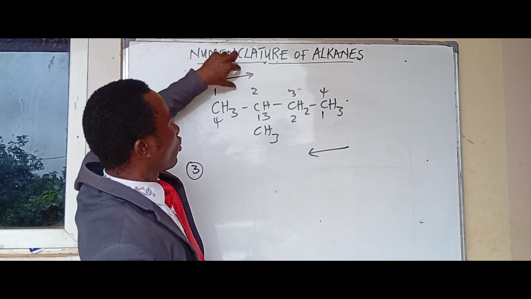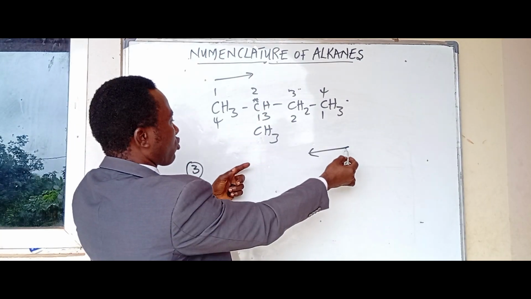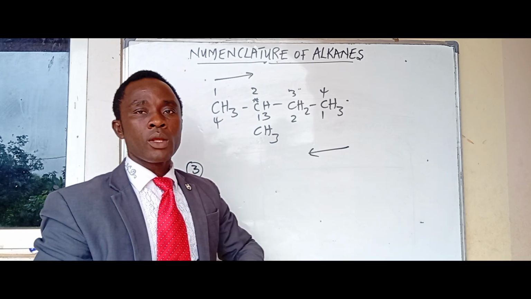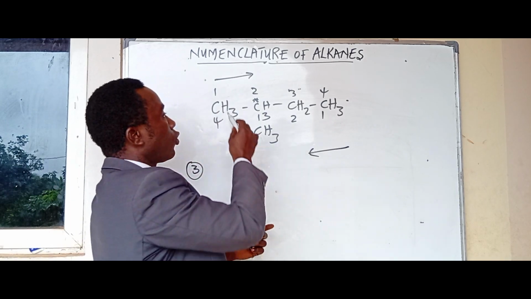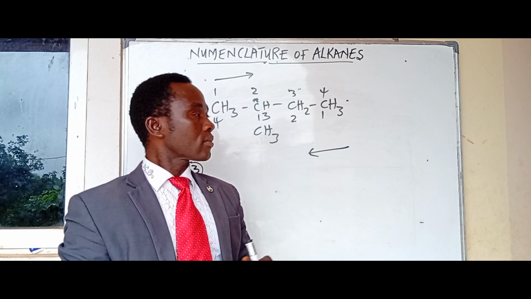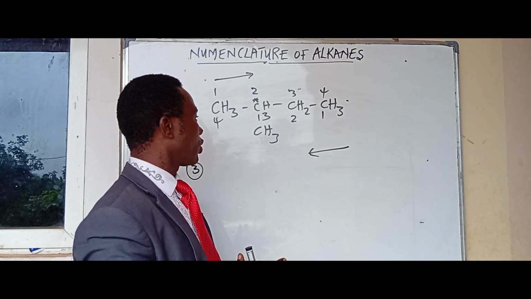You see that numbering towards this way, we give this carbon position number 2. But if you number this way, you are going to give this same carbon position number 3. So the one that will be accepted will be towards this way, because it gave the substituent the least possible number.